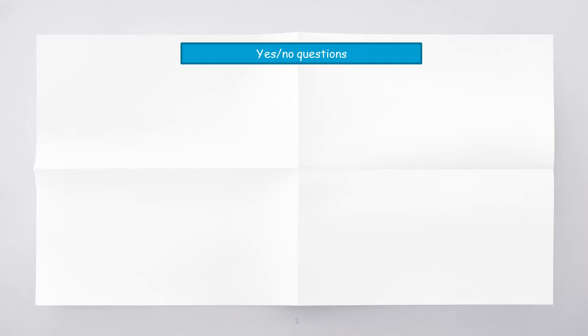This type of question is usually preceded by a to be such as is, am, are, or an auxiliary verb such as do, does, did, have, has, or had. And you can also use modal verbs such as can and will.